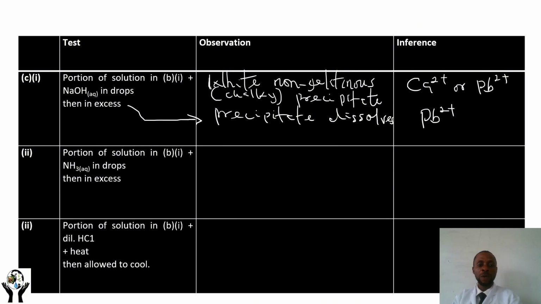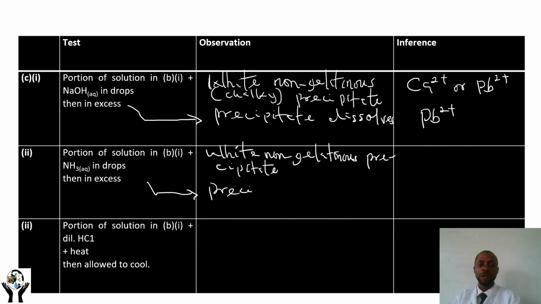Now to the next question, when you add ammonia in drops, you are still going to have a white non-gelatinous precipitate. And when you add the ammonia in excess, the precipitate will also dissolve.